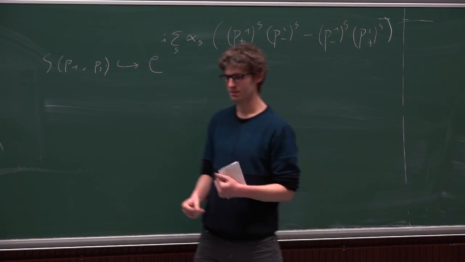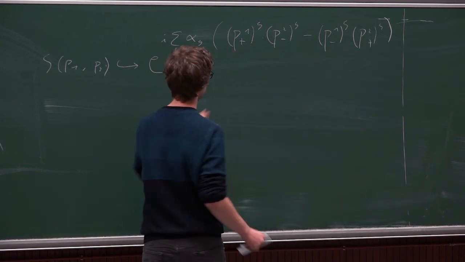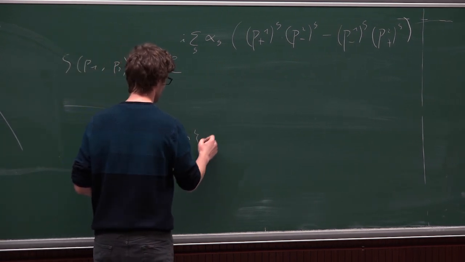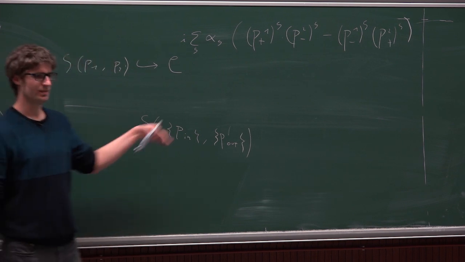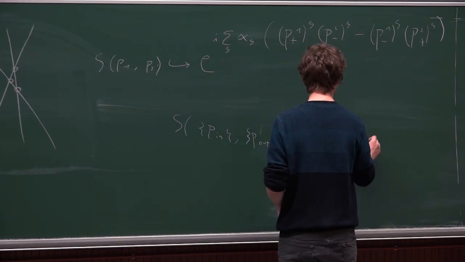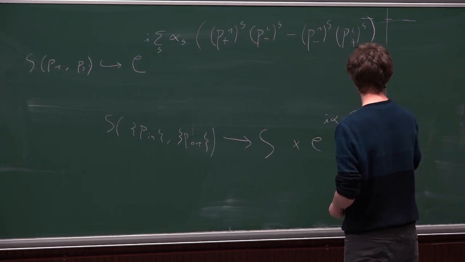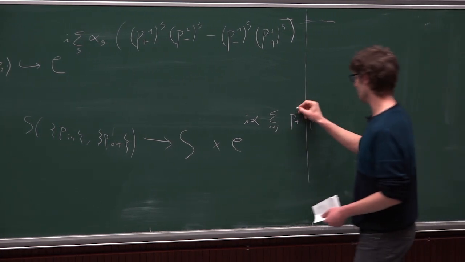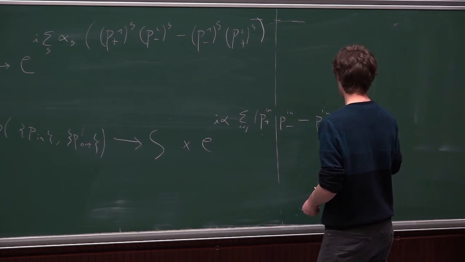So you can essentially take any S matrix of any theory, and then you just multiply it by this phase, where I take any pairs of particles, with any sets of ingoing and outgoing momenta.